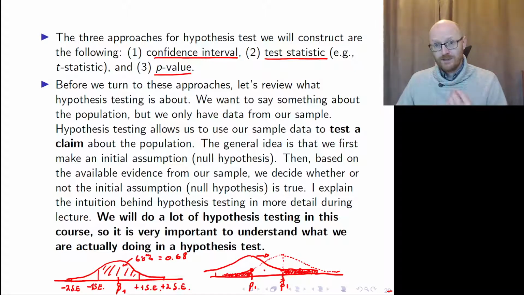But what we do is that instead of inputting this beta, we input our null hypothesis, the value for our null hypothesis. So then we can see whether our estimated slope is different from our null hypothesis, given this dispersion of our estimates.